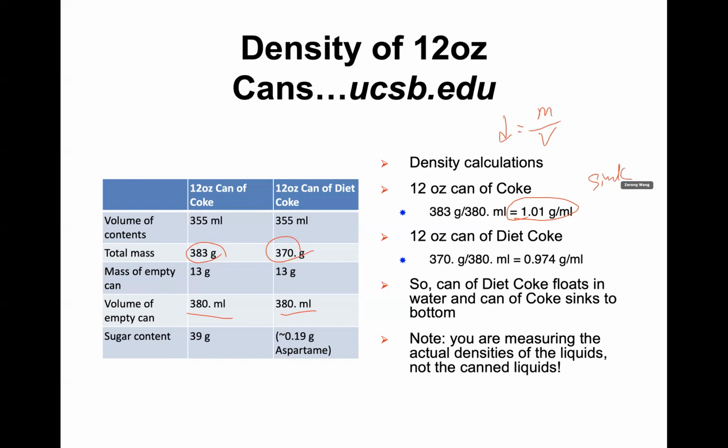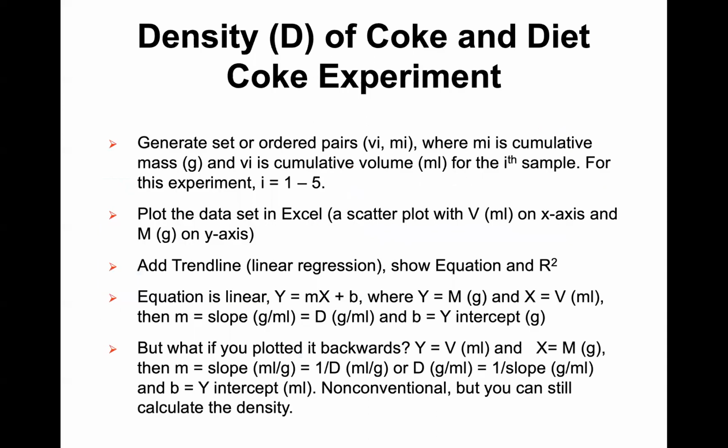But the Diet Coke is less than 1, so that's why it floats, right? Now, for this experiment, you will measure the density of water, the Coke and the Diet Coke. So you will do 3 experiments.